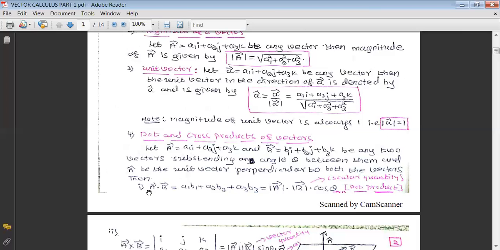That is the dot product, A bar dot B bar, and it is given by a1 b1 plus a2 b2 plus a3 b3.